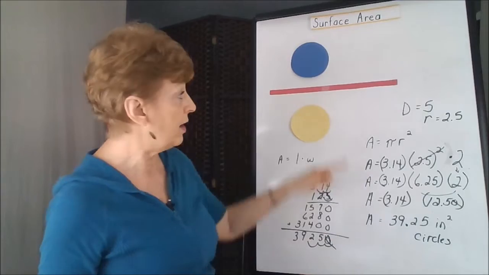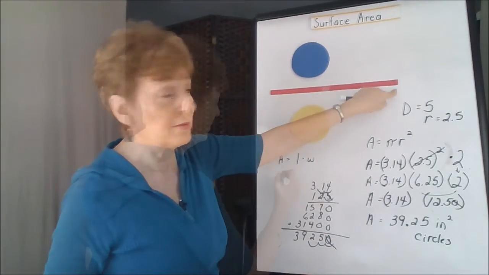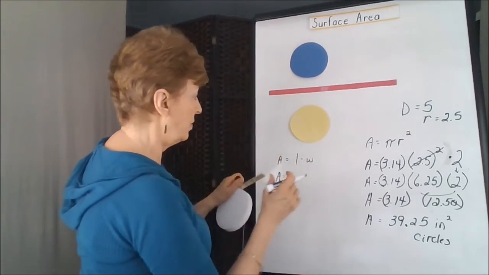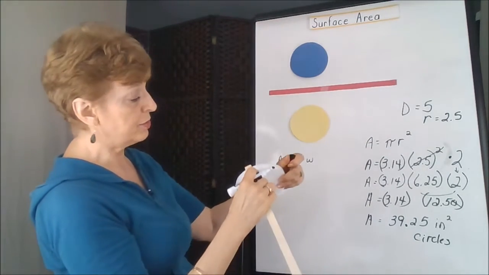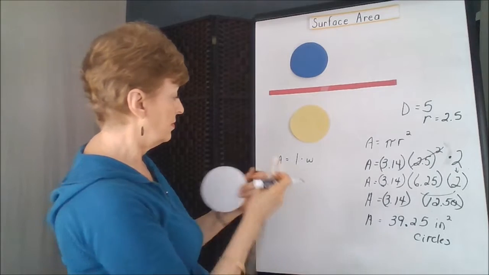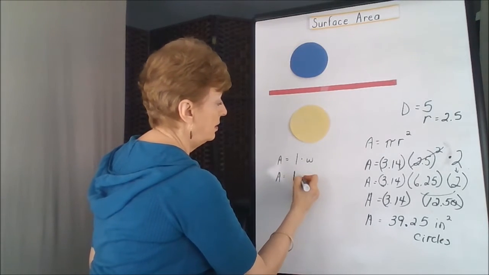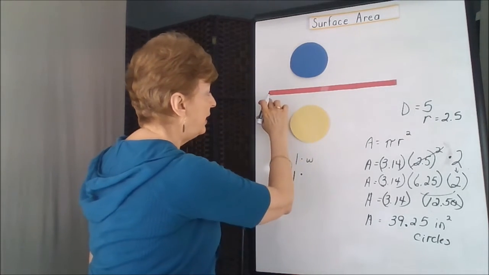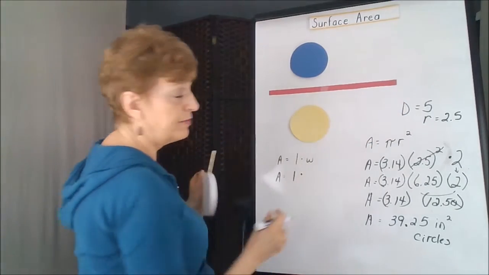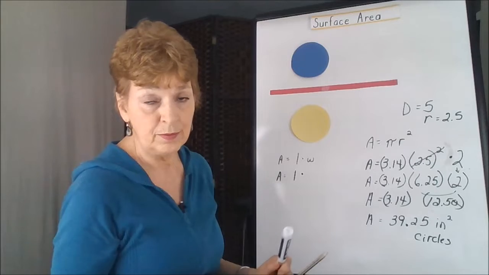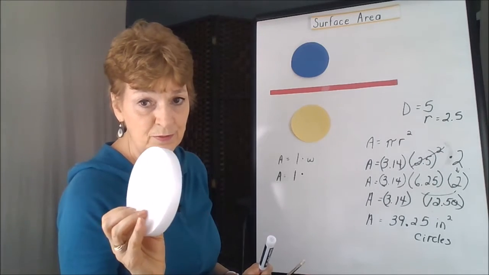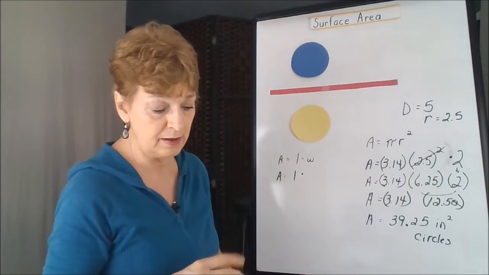Now we have to figure out our, okay, so our area is equal to our length times our width. And we might be able to measure this here at 1 inch. But how do we know the measure of the length of it? Well, it completely went around the circumference of the shape.